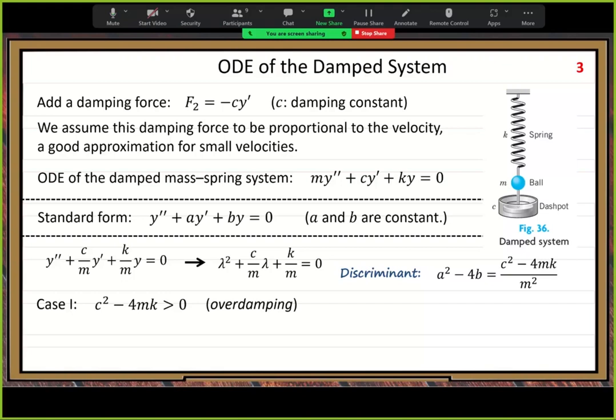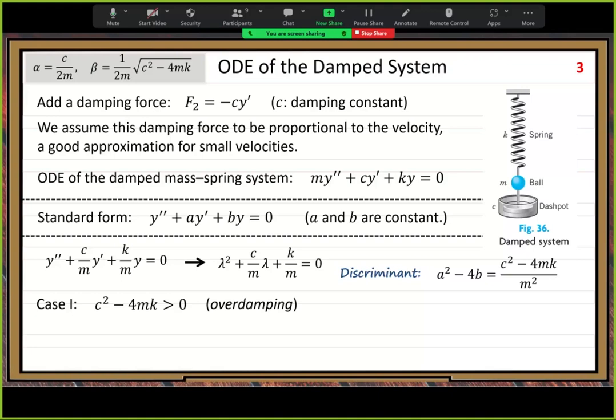So, overdamping system. In order to represent the solutions, I introduce two notations, alpha and beta, because if we use the original formula, it's too long.